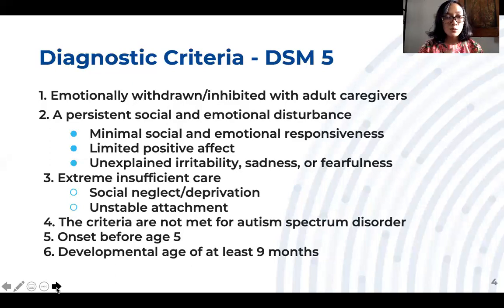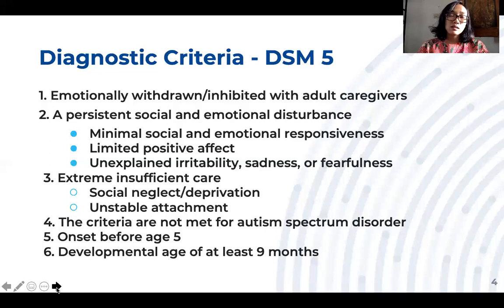The third one, the child must experience extreme insufficient care that might include social neglect and deprivation. This also means unstable attachment. It means that the child has a persistent lack of basic emotional needs for comfort, stimulation, and affection that should be given by the caregiving adults.